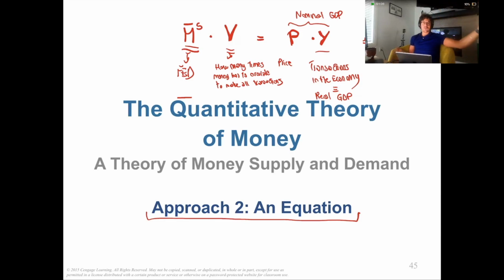Each one of you will circulate $1 in exchange for the good. Clearly, if instead of having $100, you have, let's suppose that you still have 100 goods of the value of $1 each, so $100 nominal GDP, but now you have only $1. Then how many times does this dollar have to circulate in the class to make all the transactions?